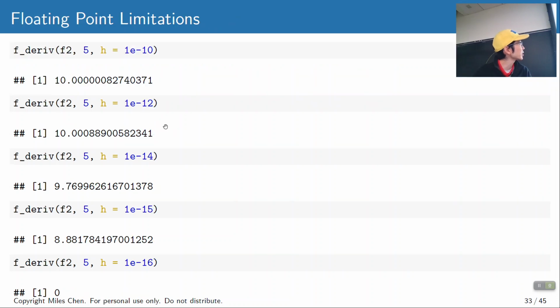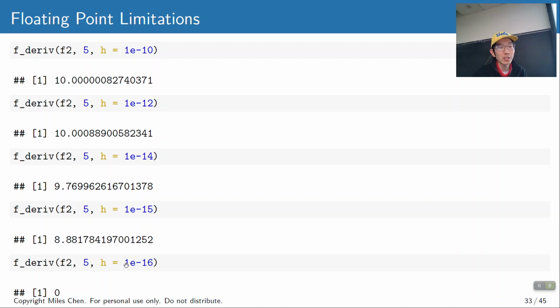As my numbers get smaller and smaller, 10 to the minus 10, 10 to the minus 12, 10 to the minus 14, at 10 to the minus 14, the true value is 10, but my approximation is pretty far off, 9.77 basically. If I try 10 to the minus 15, my derivative approximation is very far off at 8.88, the true value being 10.